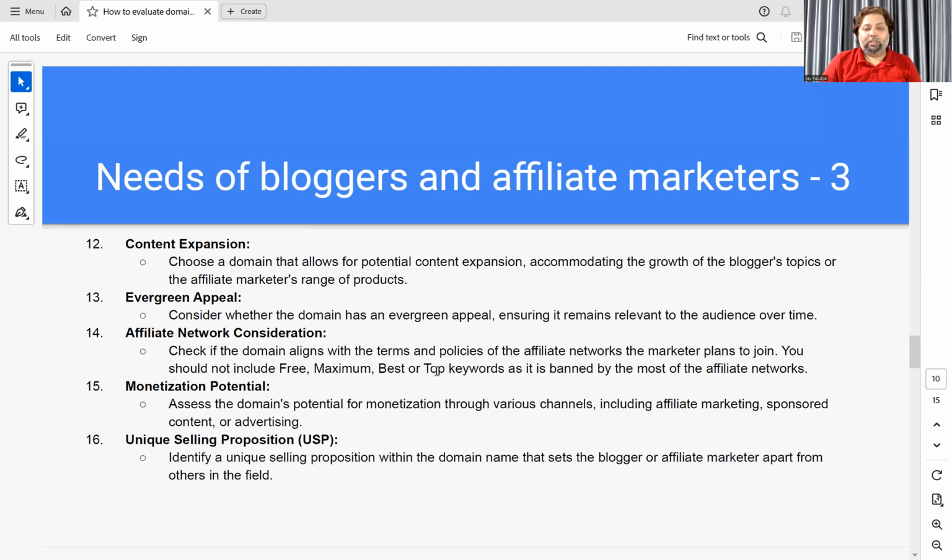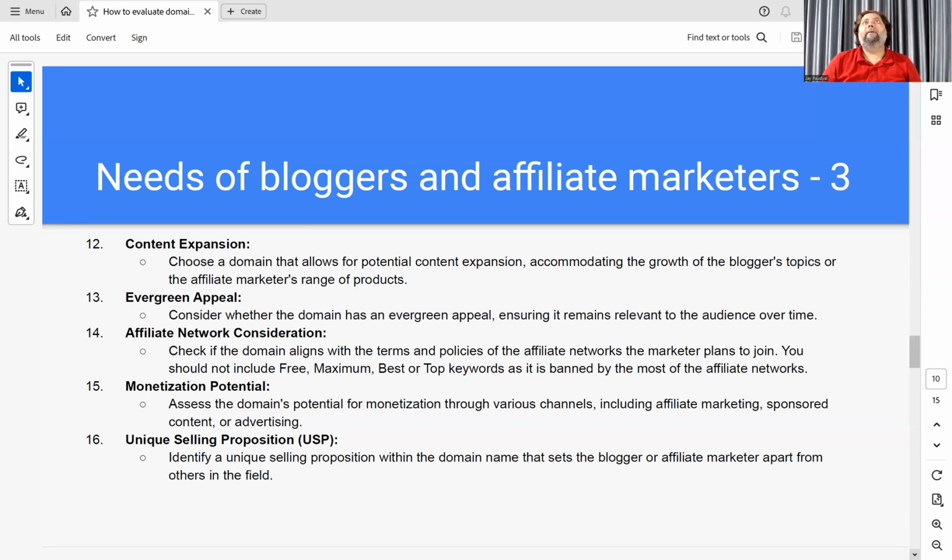Monetization potential should be there. Of course, if you apply other principles, then it will come automatically. USP should be there. Like if I say smart lights, the USP is there: lights are smart. Okay. In case of magical rugs, the USP is of course there.